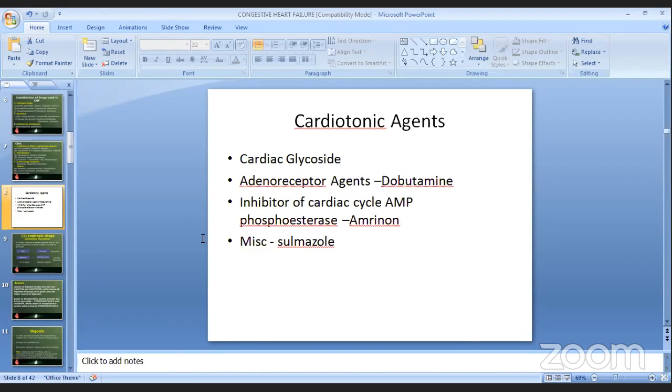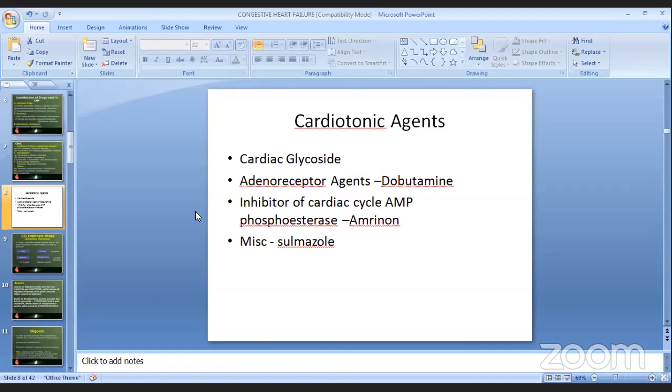I am discussing the cardiac glycosides. As I have already told you, they have a positive inotropic effect, and due to this positive inotropic effect we use this type of drug. Examples are digitalis, that is digoxin, digitoxin, and another type of glycosides, strophanthus, Strophanthus kombe.